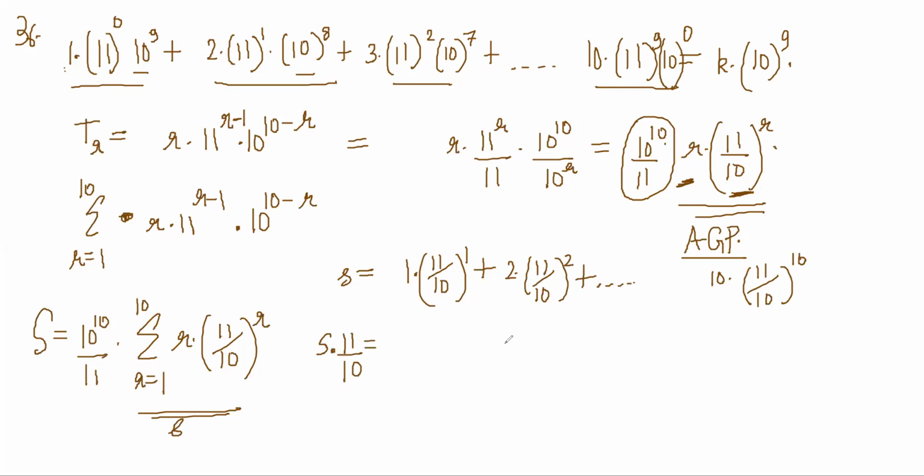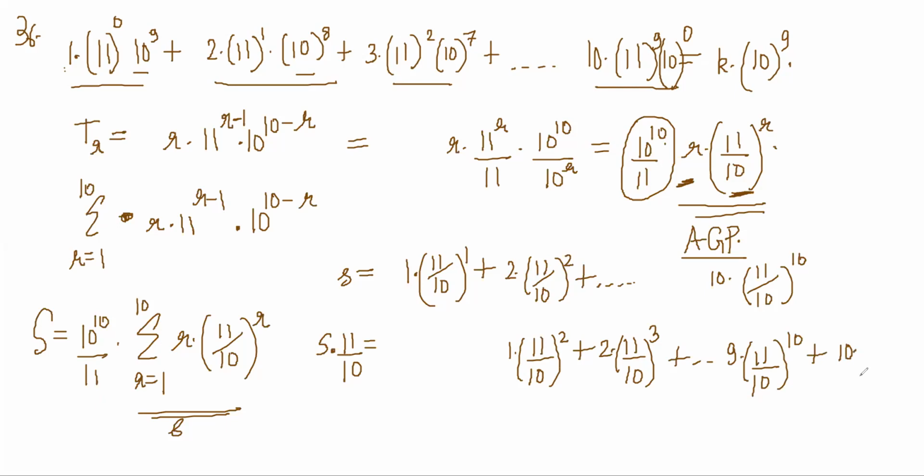So I'll multiply every term by 11 by 10 and shift it. So 1 into 11 by 10 whole square plus 2 into 11 by 10 whole cube plus so on, 9 into 11 by 10 whole 10 plus 10 into 11 by 10 whole 11.